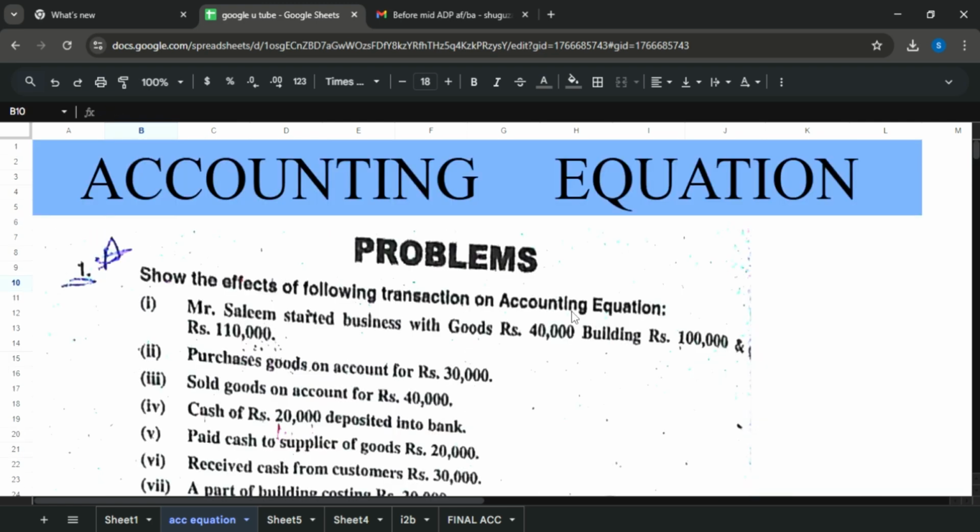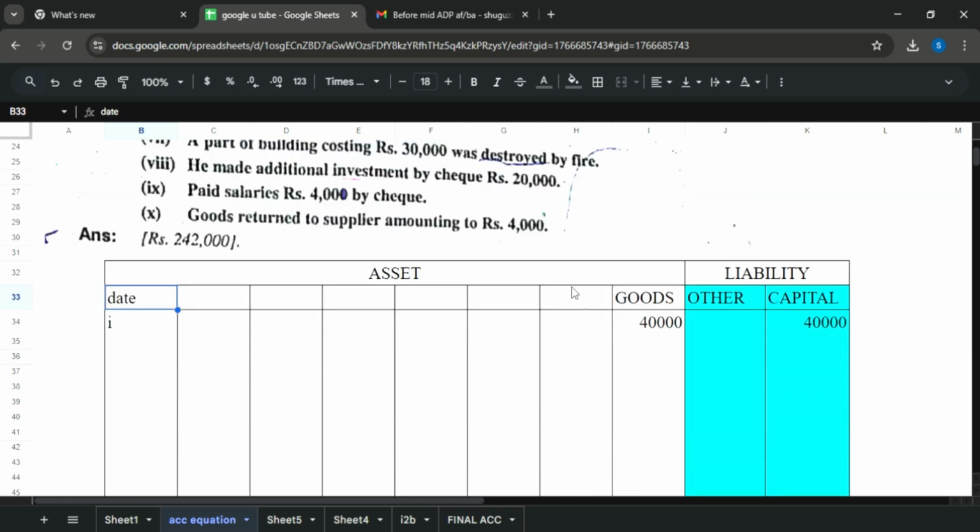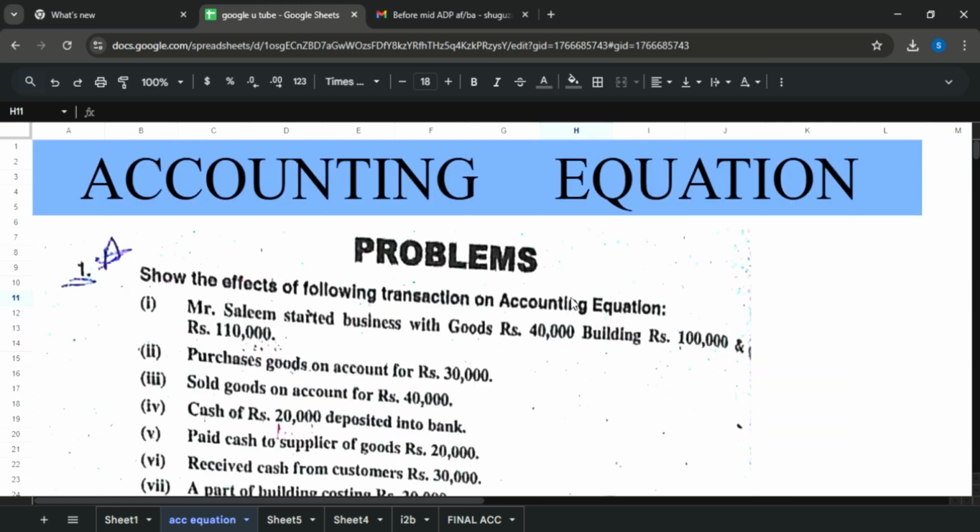After completion of this first part of the entry, next is building. Again, listen, Mr. Slim started business with building. It means building is coming in your business. A new asset has arrived. So building is a new asset. How much amount? Look here, 1 lakh.